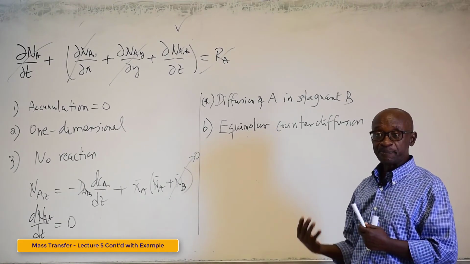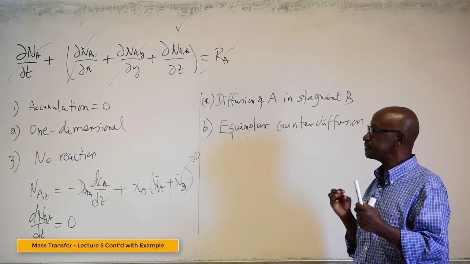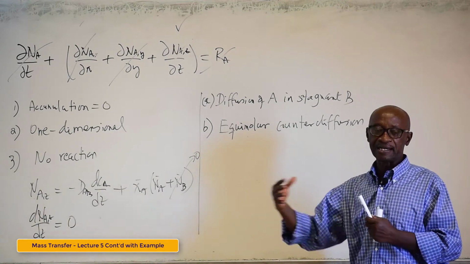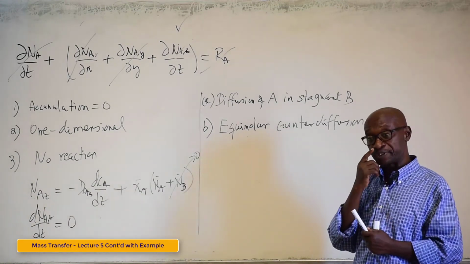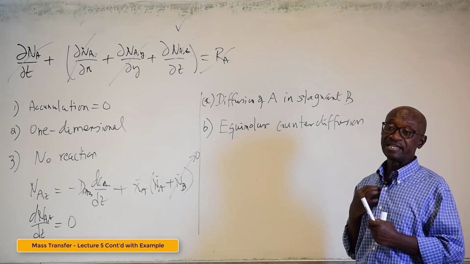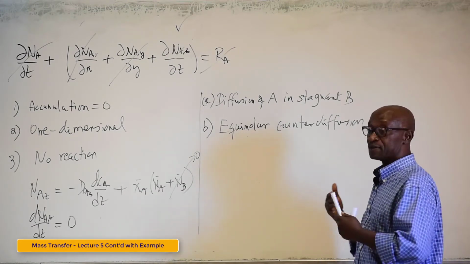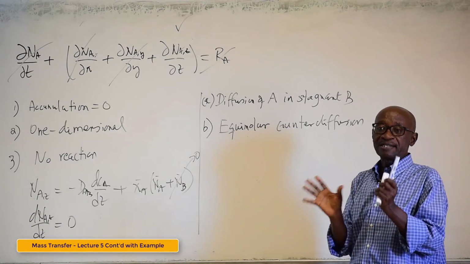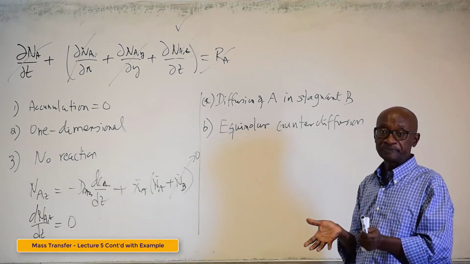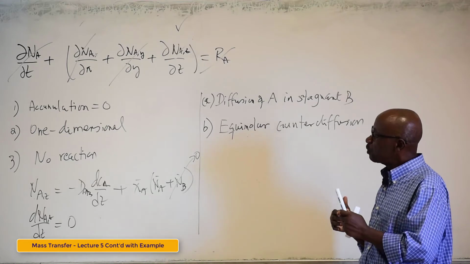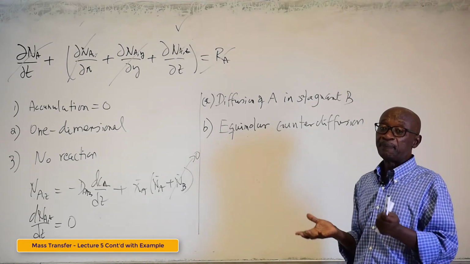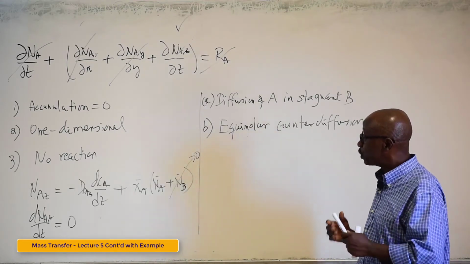Incidentally, these are simple scenarios, diffusion of one in stagnant other, and equimolar counterdiffusion. But in practice, they have practical applications. Diffusion of A in stagnant B is applied in gas absorption, and equimolar counterdiffusion is also applied in distillation.